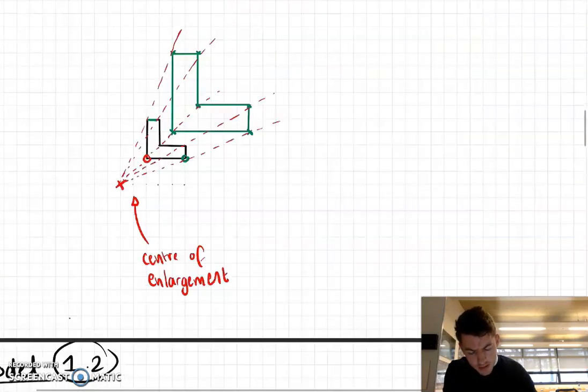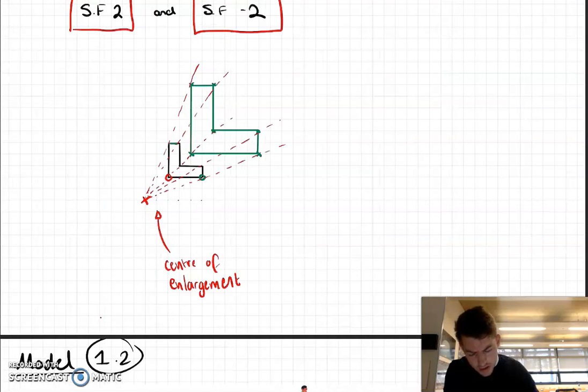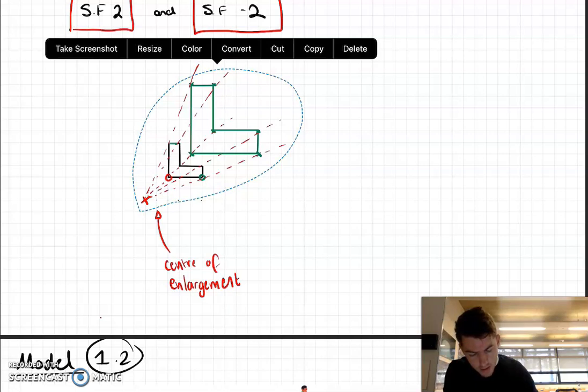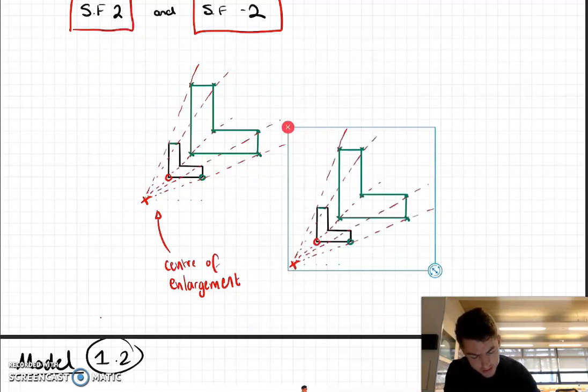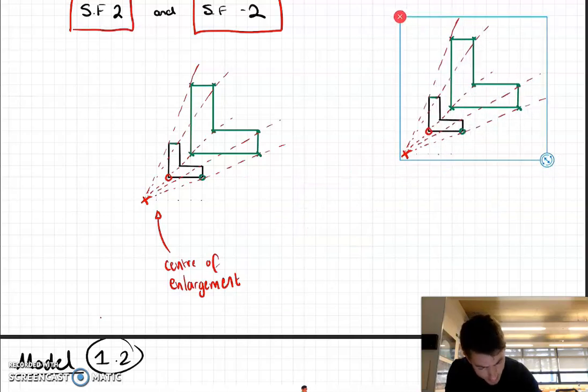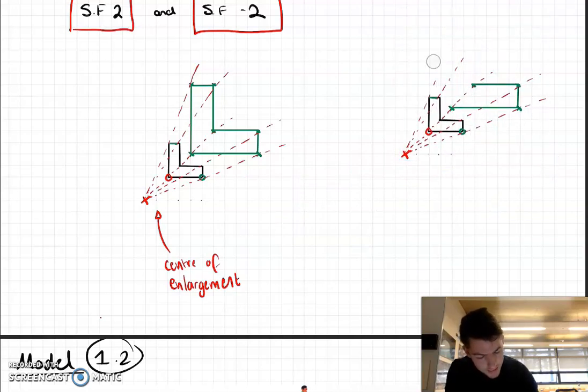So let me just show you this now. I'm going to copy this now over and show you a negative scale factor. So let's bring this over here. And let me just get rid of this and clean it up. Okay.